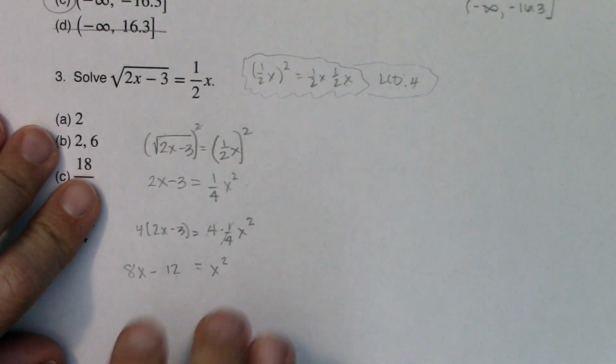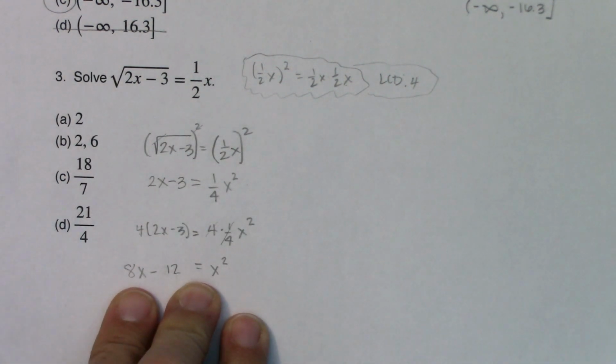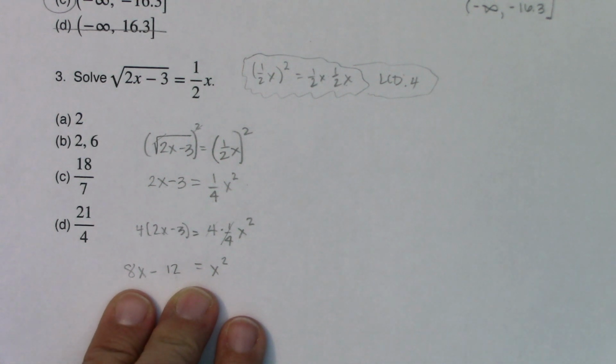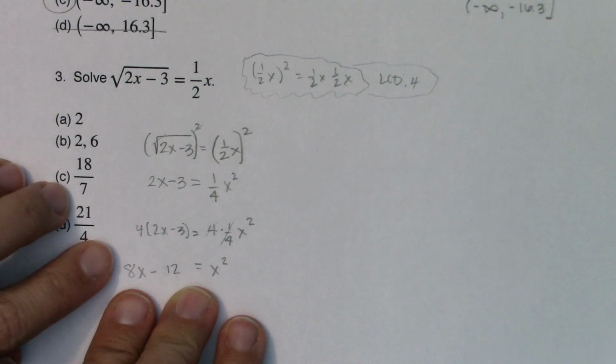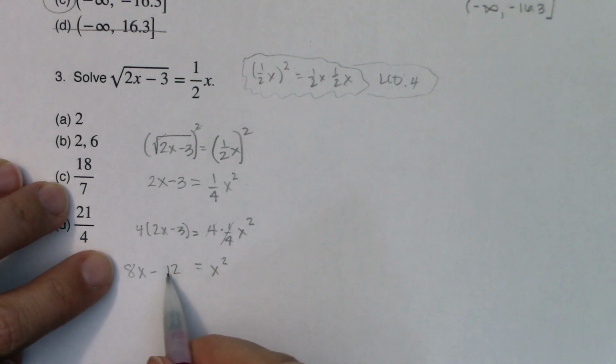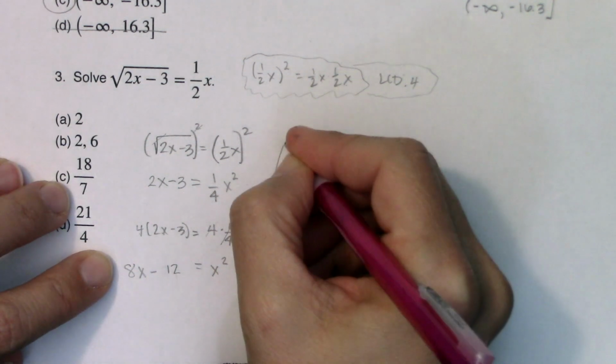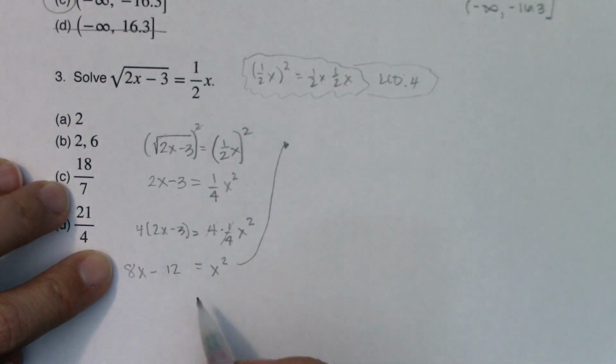All right, now I have a quadratic equation. We've got 3 techniques for solving quadratic equations. We can factor, we can complete the square, or we can use the quadratic formula. I'm going to see if I can factor first, only because that's a quicker method. And if that doesn't work, I'll use the quadratic formula. But if I want to factor this, the first thing I want to do is get everything on one side of the equation.